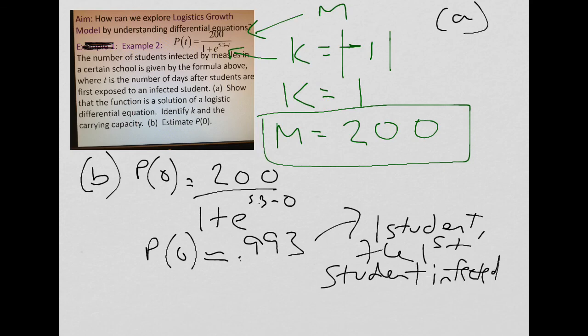And then if you were to find P of 5, it will show you what the population is when t is 5, after 5 days, or you can make it 7, so you can find out how many were infected with measles after a week. So you can actually see how it grows, and you get an idea for other application problems. All right, so good luck, and let's do some practice.